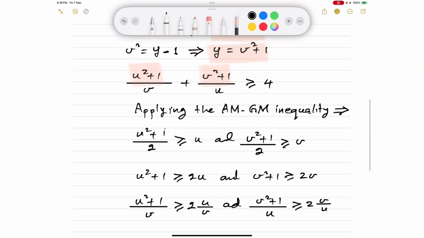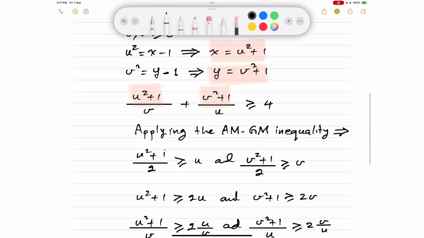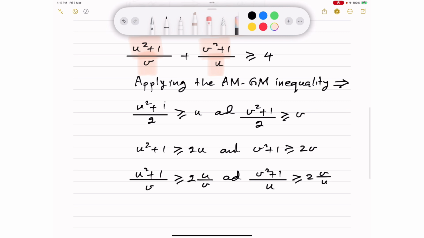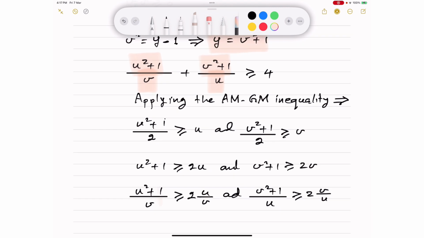The reason we divided by v and u is to get an expression equivalent to the expression that we need to prove. If you pay attention, this term is the same as this term, and this term is the same as that term. Now we need to add up these two terms.